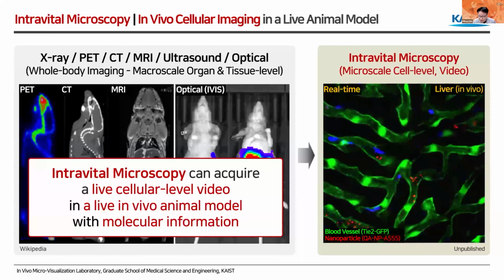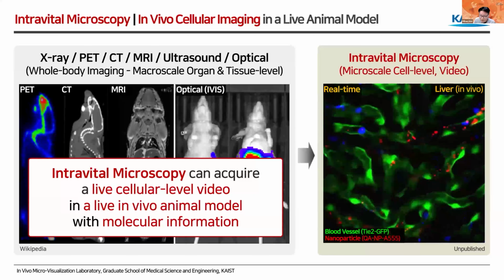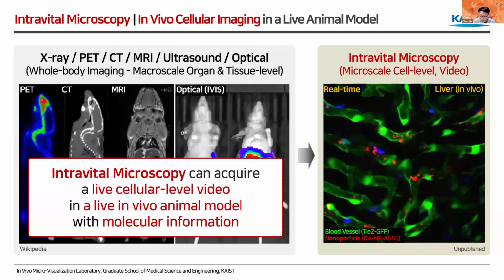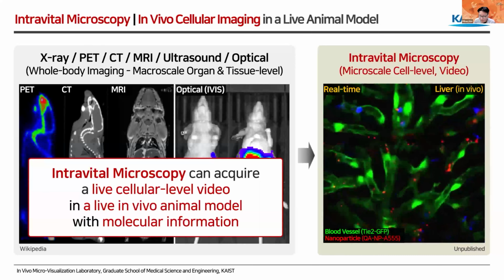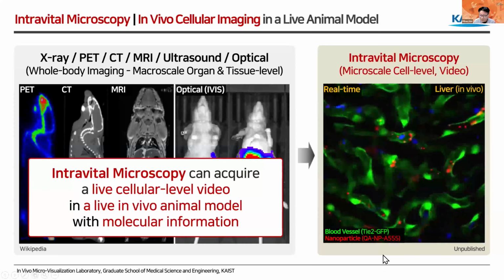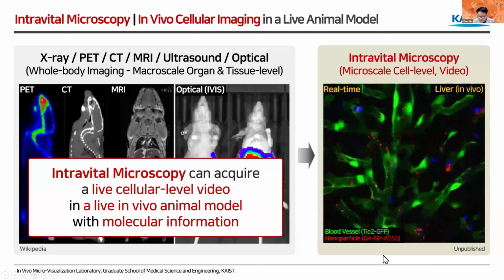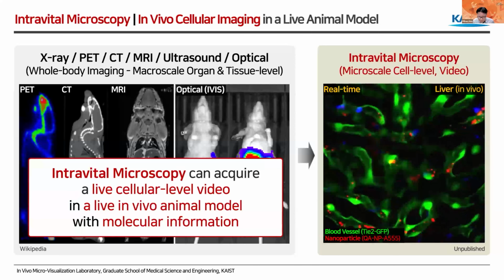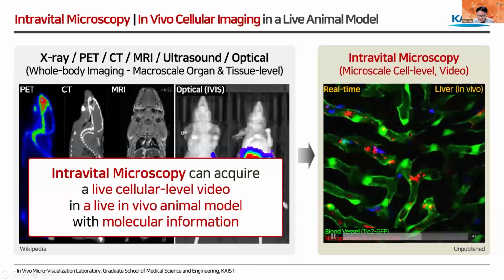Additionally, we can also inject a fluorescently labeled drug into the live mouse model, which allows us to directly analyze the delivery into the target organ, such as in this video. Here, you can clearly see the real-time delivery of the intravenously injected nanoparticle to the liver sinusoid.